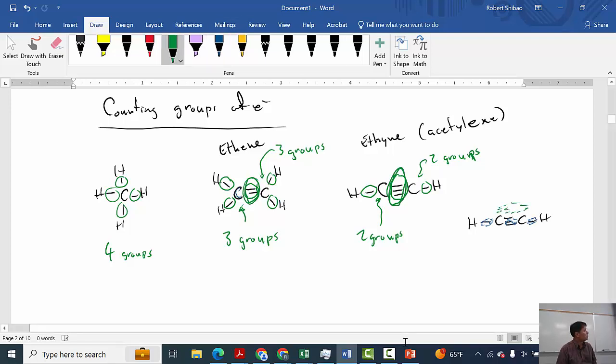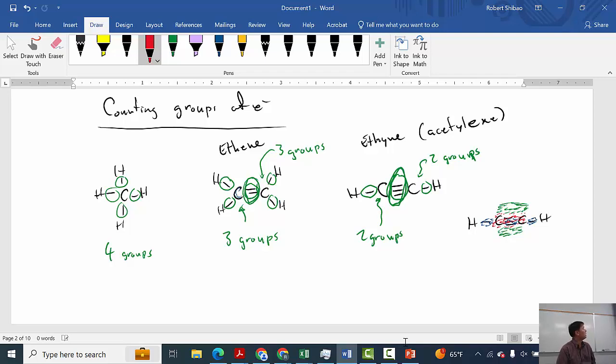If it's between the two nuclei, that's sigma. So one of these pairs is a sigma, and this is going to be a sigma here. So we got 3 sigmas, but we also have 2 pi's. One of the pi's is going to be above and below, so this counts as just 1 pi.